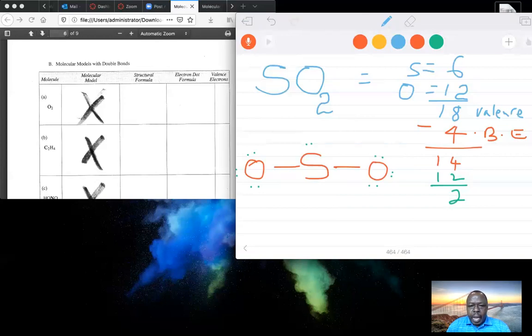If you are short on electrons and the octet rule is still not satisfied, you use the non-bonding electrons of the external atom to form a double bond somewhere.